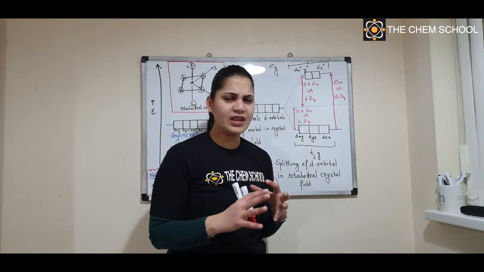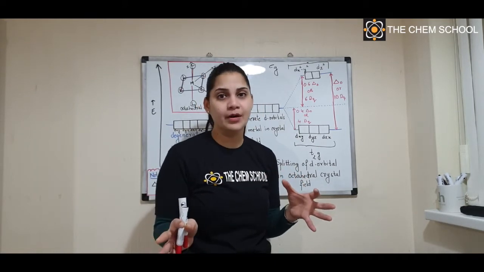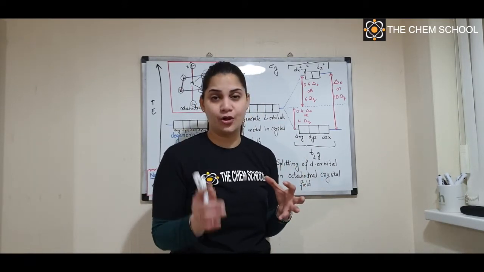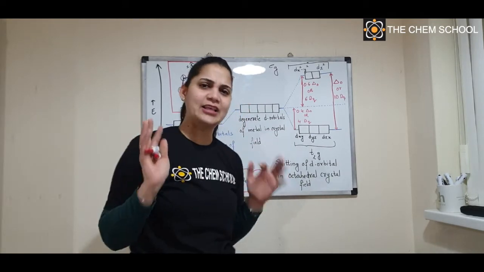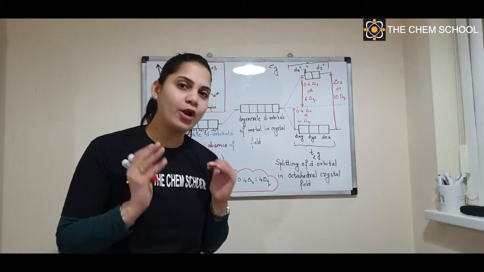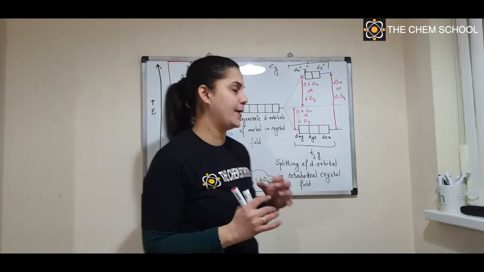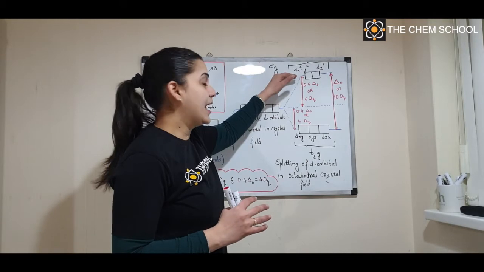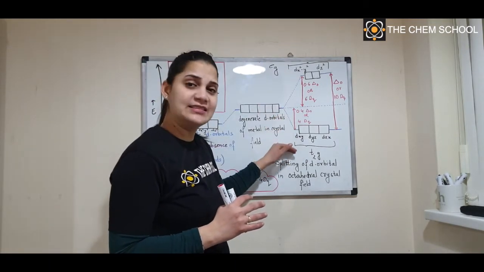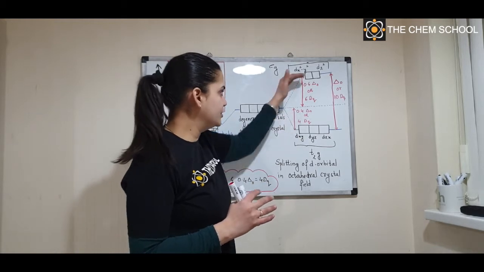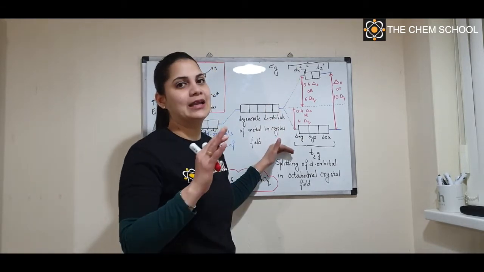So now here we have a hypothetical number for the experimental calculation of CFSE, that is crystal field stabilization energy. I'll explain that later on, but for now let's understand what this is. The energy between eg and T2g, let's say the total energy difference between these is delta O.